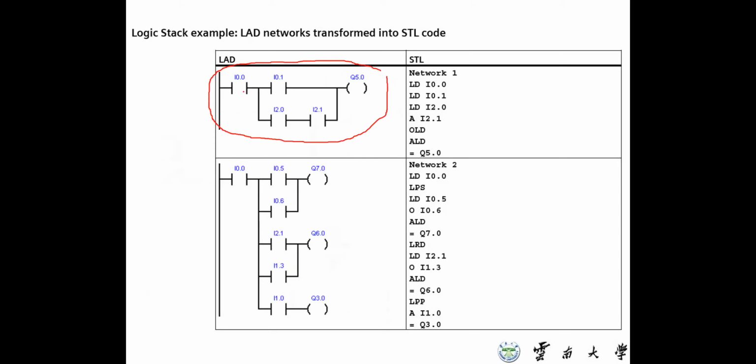This is I2.0 and I2.1, OR I0.1, and this result AND this one, and the final result equals Q5.0.